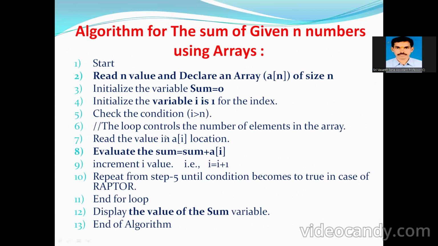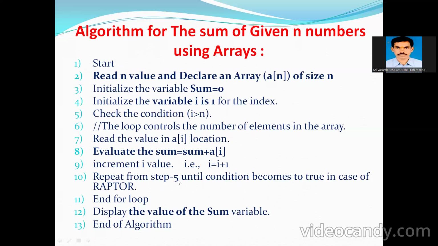The loop controls the number of elements in the array. Read the value into A of the ith location. Once you read the number, you store it in A of the ith location. After reading this value, you go for the evaluation: sum is equal to sum, initially 0, plus the value at A of the ith location. Then you increment the I value: I becomes I plus 1.